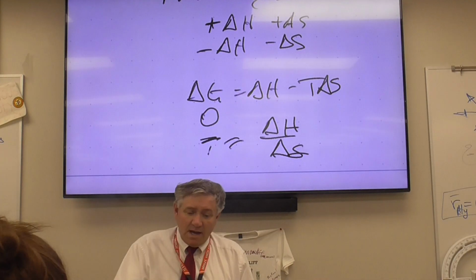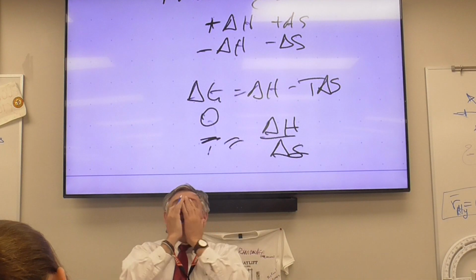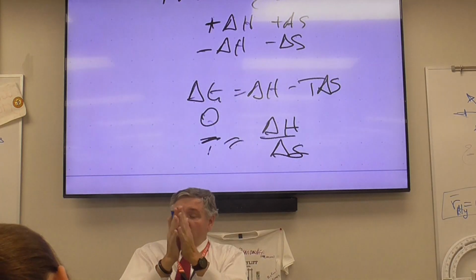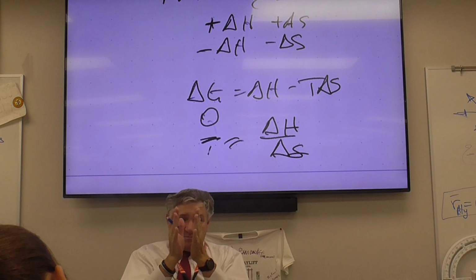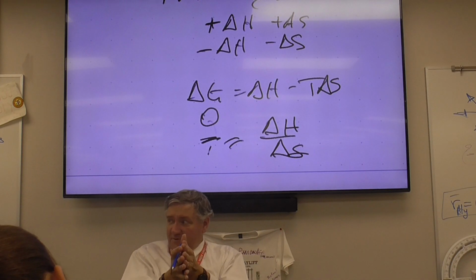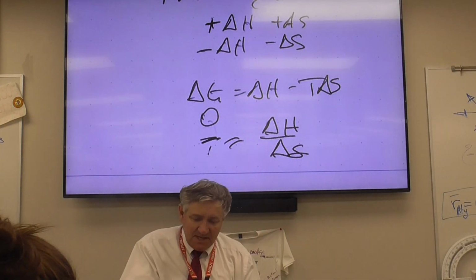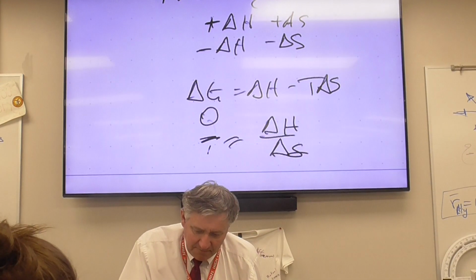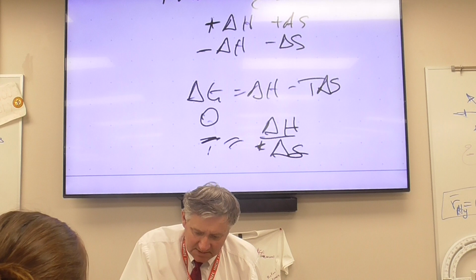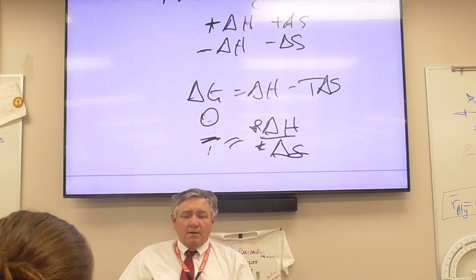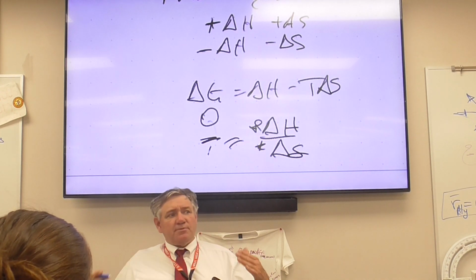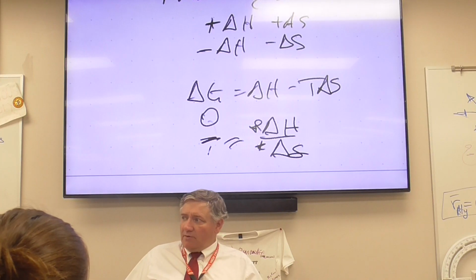So this is why, and I'm telling you, the more ways that you can think these problems through, the better off you're going to be. So what I'm saying here is that when you've got that positive delta H and that positive delta S, that's the only way you can produce a positive temperature in Kelvin.